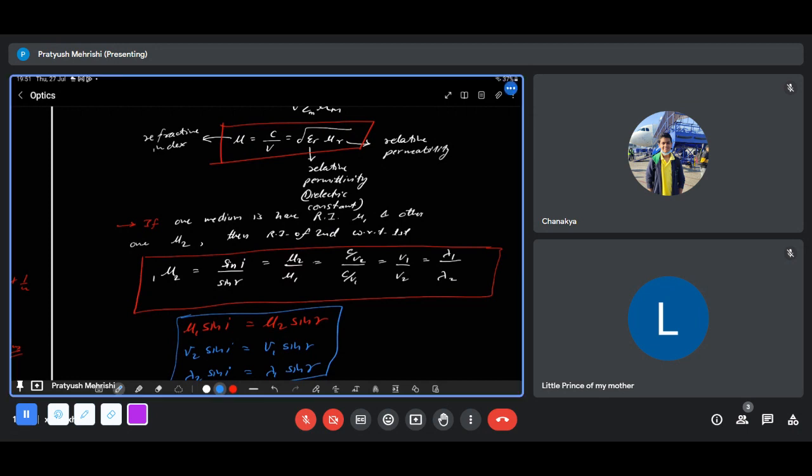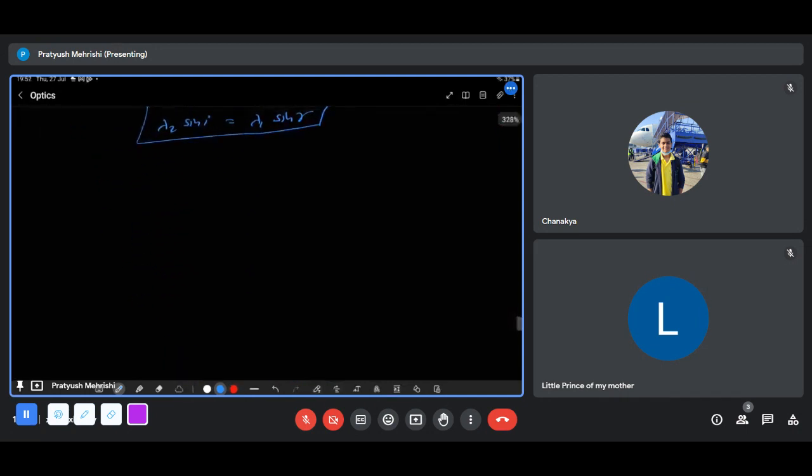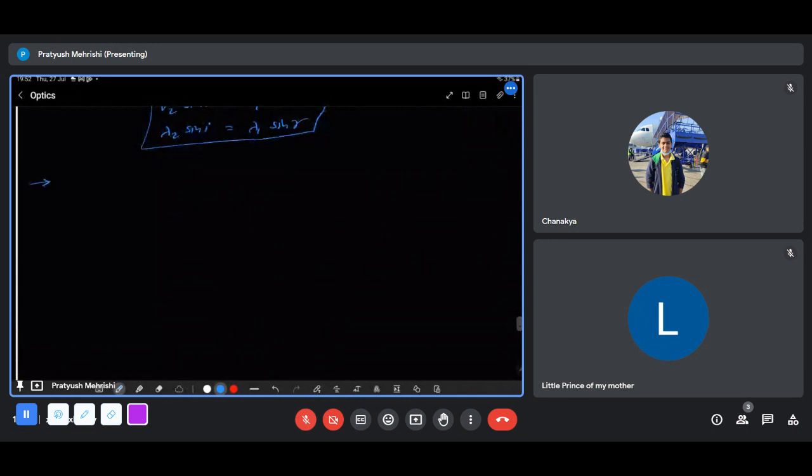Fine. Now there are some important points. First is about optical density. An object will be called optically denser when the value of its refractive index is high.